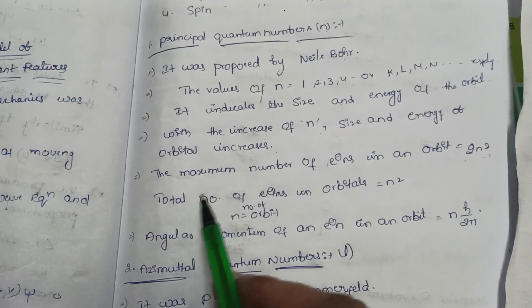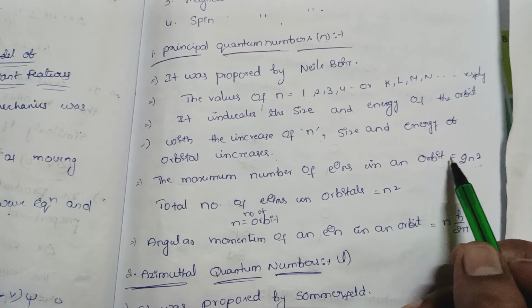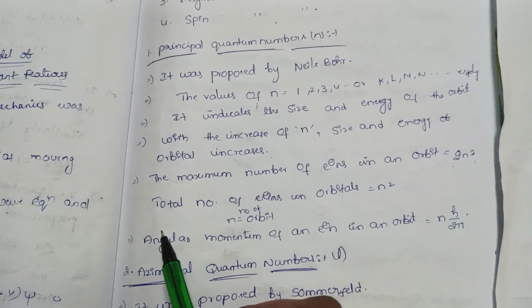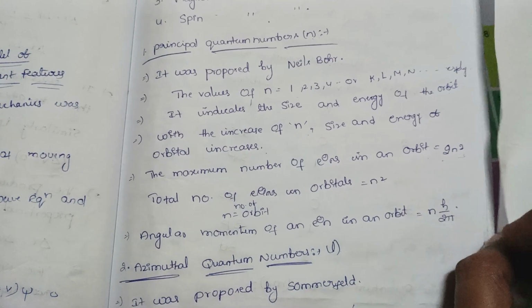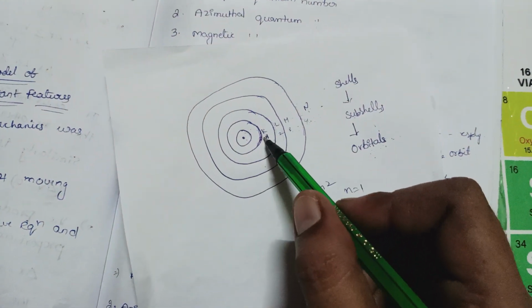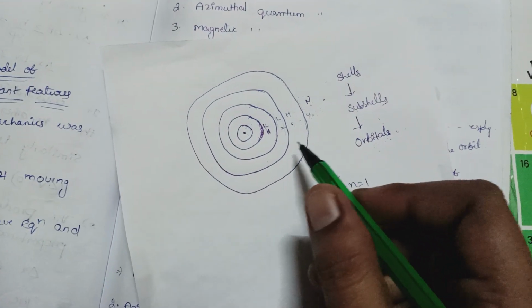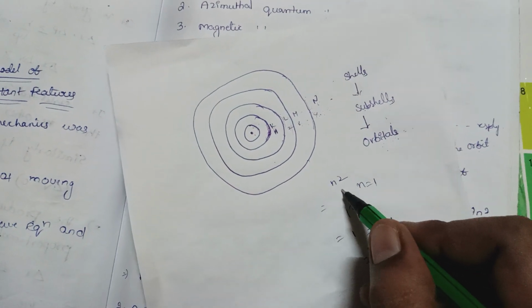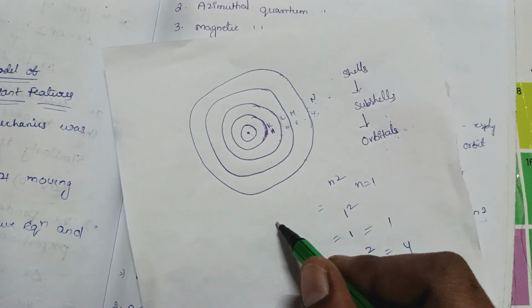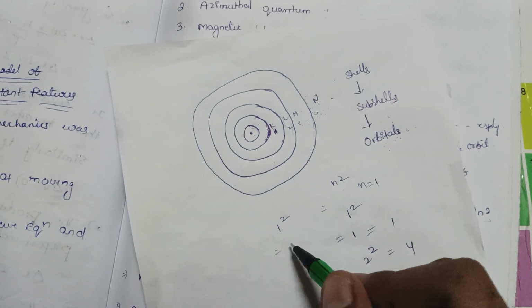The maximum number of electrons in an orbit equals 2n². The total number of orbitals equals n². Here these are the orbits or shells. To calculate the number of orbitals in the first orbit, it equals 1², which means 1.